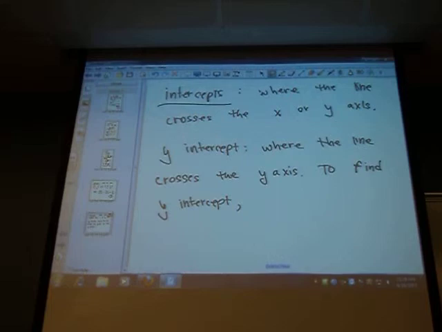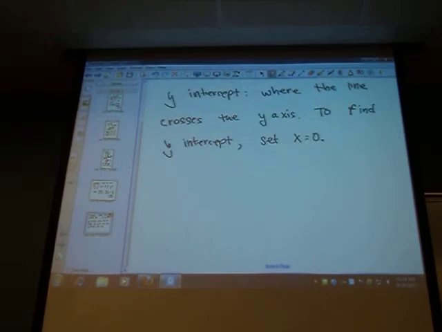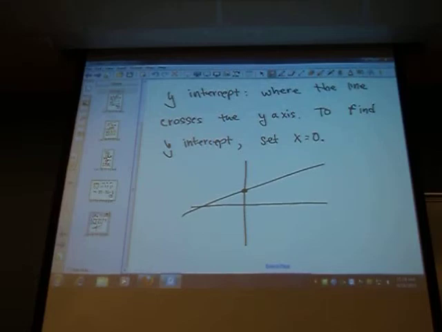Right, you want to make the opposite variable 0. So to find the y-intercept, I'm going to let x equal 0. The point where the line crosses the y-axis would be my y-intercept.